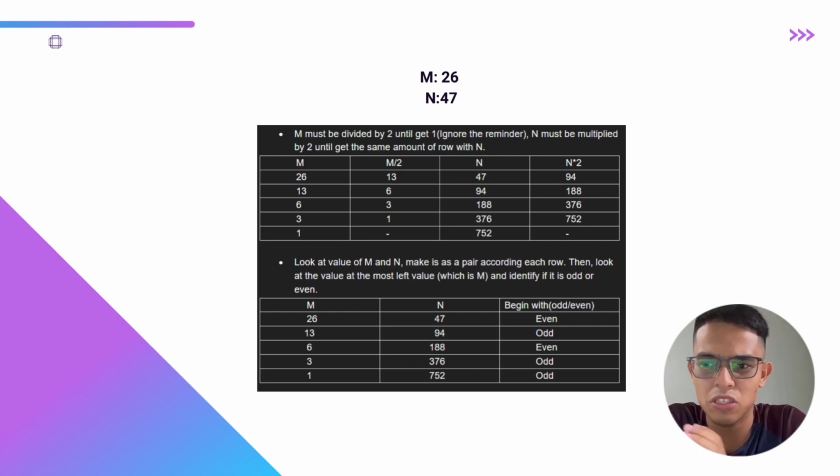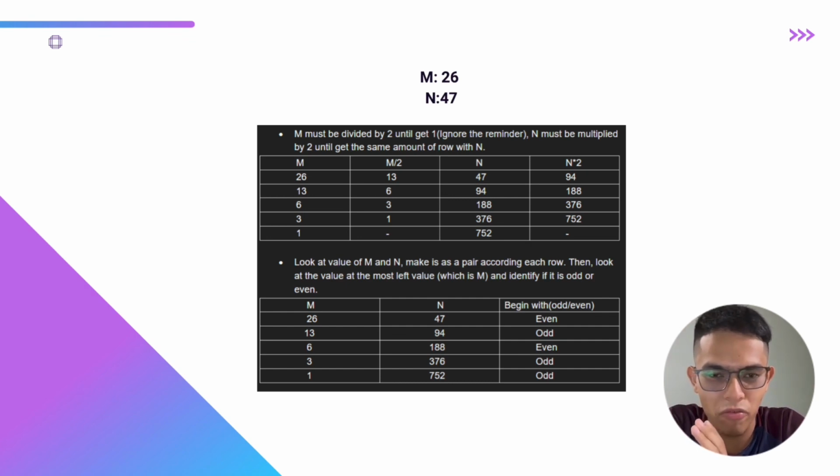The next step after that is we must treat M and N here as a pair, and the starting value of this pair is decided by M. Then we must label each pair by what type of number it begins with, for example, odd and even.